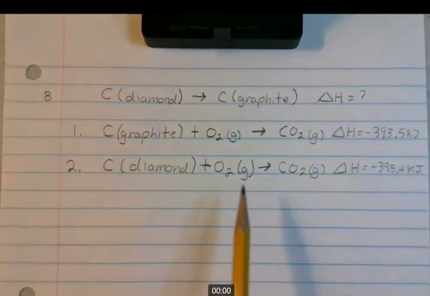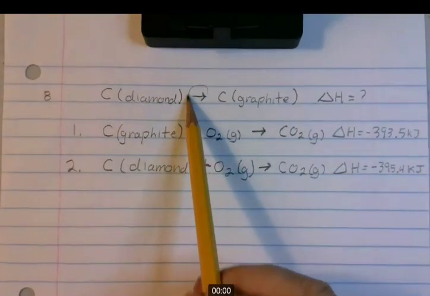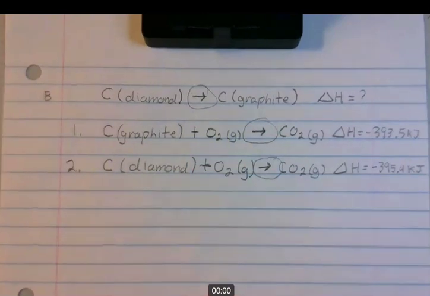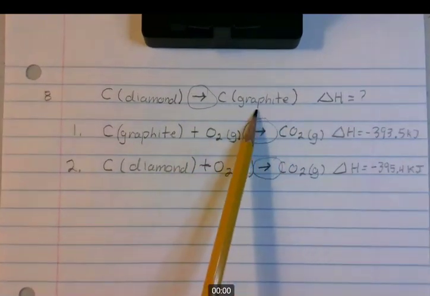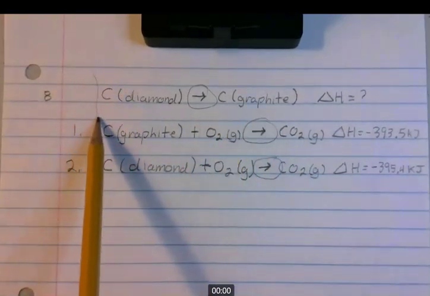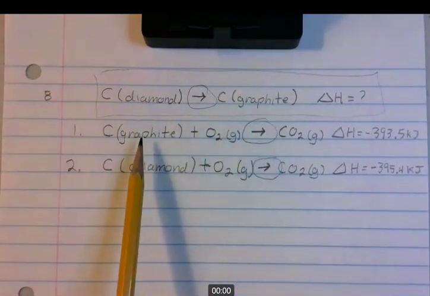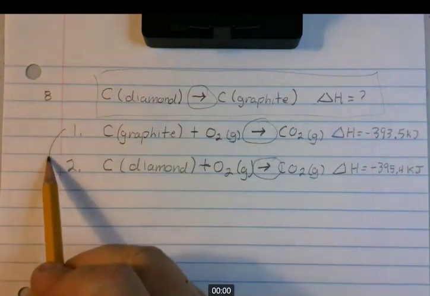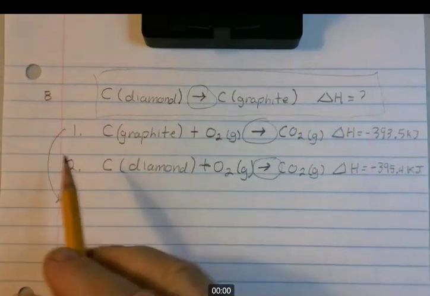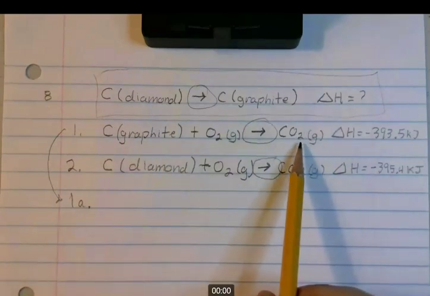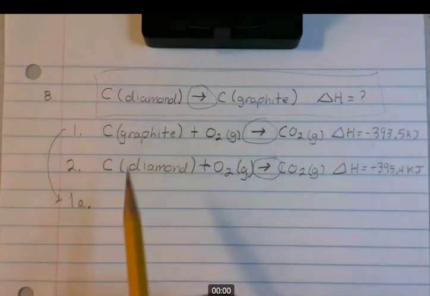Well, this one's pretty straightforward. I'm going to circle my arrows so I'm clear which is on which side. We see we have graphite over on the right-hand side of our target equation. This is our target equation. And so graphite's on the right, so we're going to take number 1, and we're going to reverse it. I'm going to call that 1A. I'm going to take the CO2 and move it over to the left.